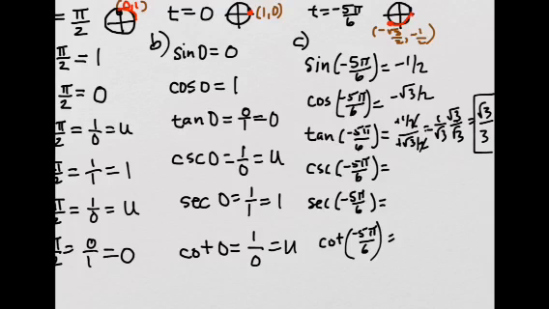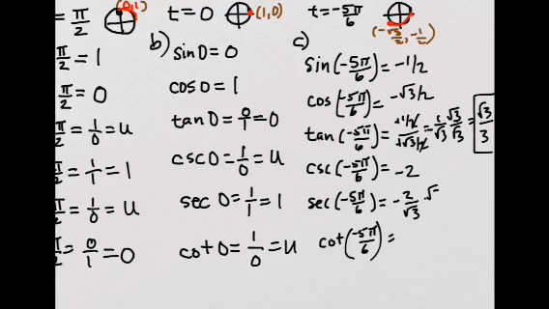Okay, that's for tangent. Cosecant is 1 over y. So it's the reciprocal of y. So the reciprocal of negative 1/2 is negative 2. Secant is 1 over x, or the reciprocal of x. So that would be negative 2 over radical 3.